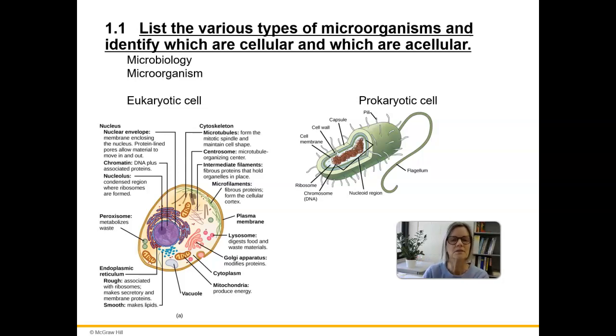So a microorganism is a living organism too small to be seen with the microscope, or an infectious acellular organism that's too small to be seen with the microscope. And we would consider both of those in the field of microbiology.